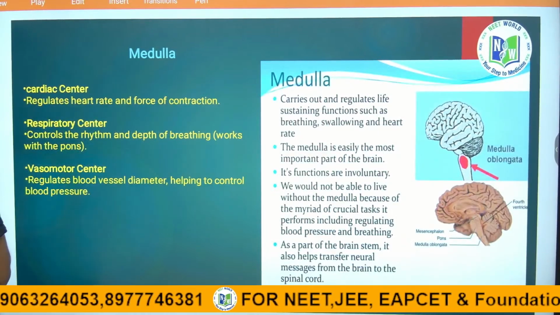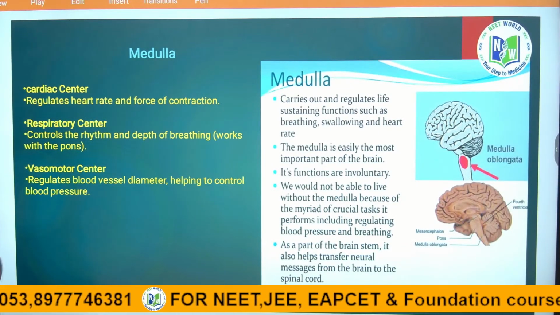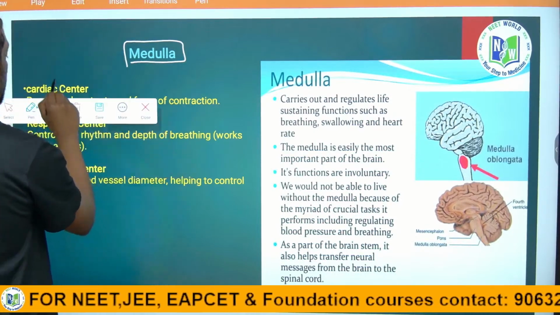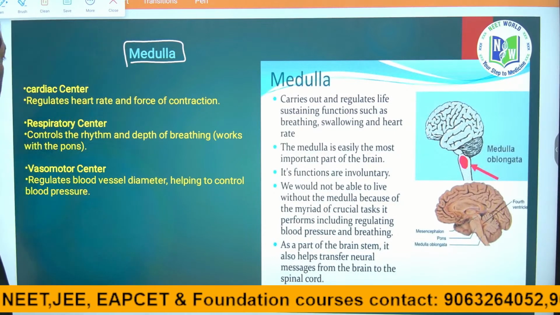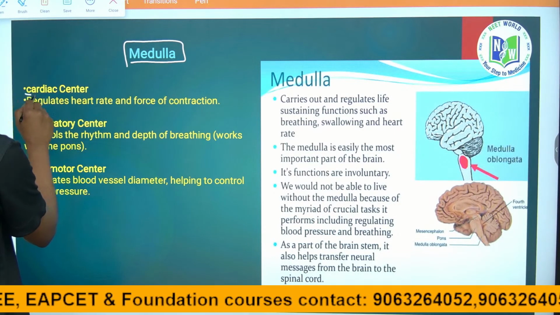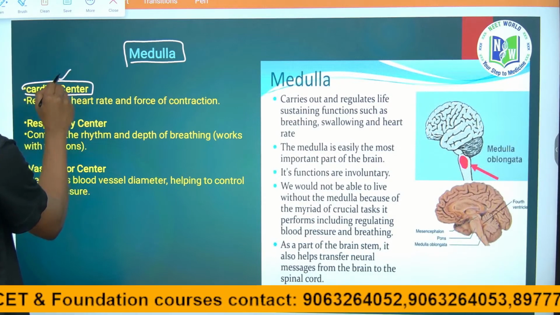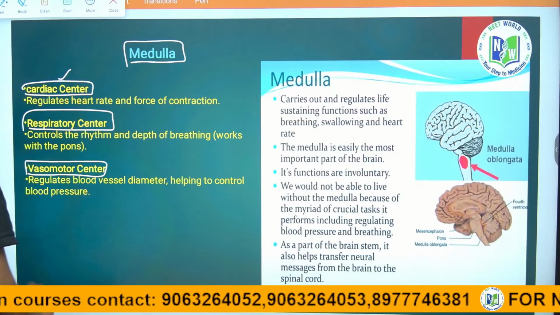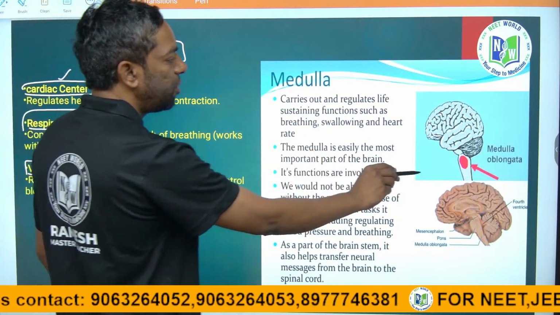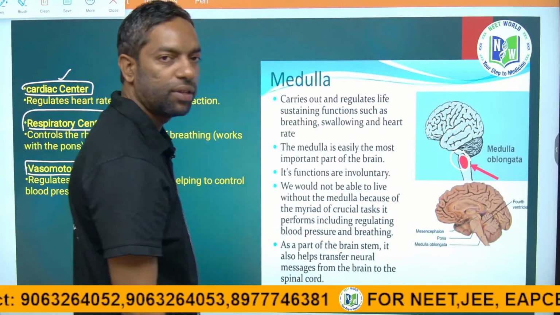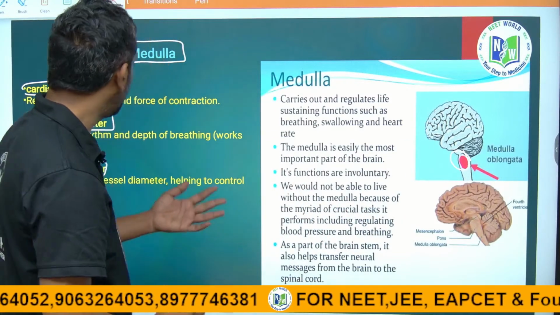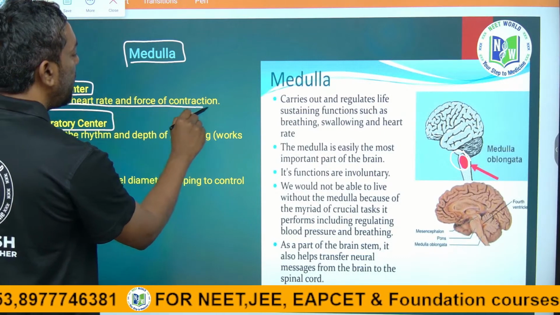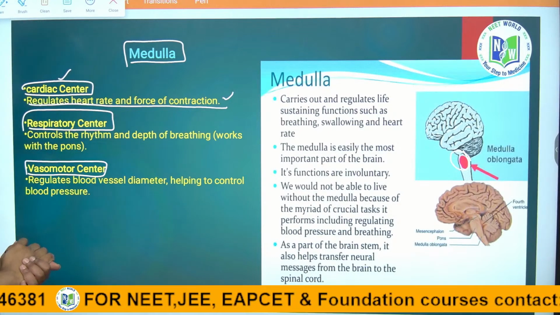Yeah, medulla. The medulla is also part of the hindbrain. It has centers: the cardiac center, respiratory center, and vasomotor center. This is the medulla in the brain stem. The cardiac center regulates the heart rate and force of contraction.